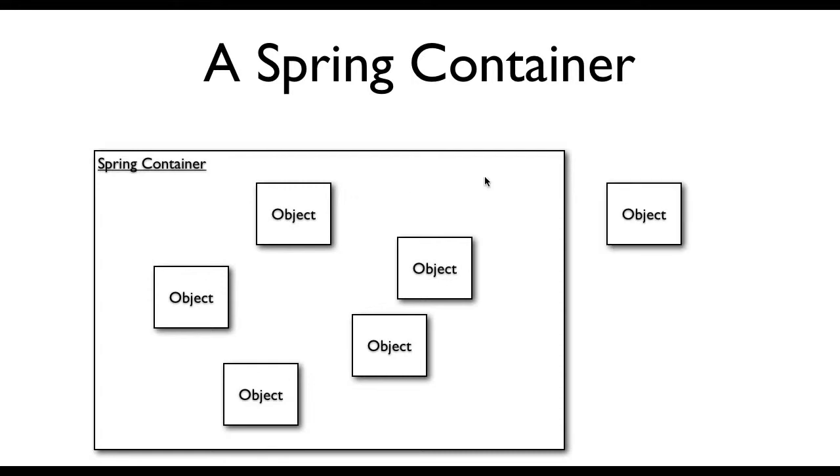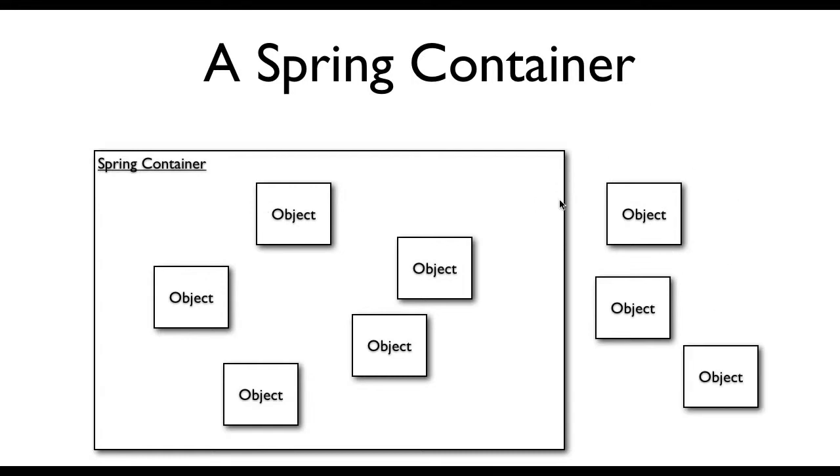You can of course have objects outside of the container as well in your application, but adding the objects inside the Spring container so that Spring manages the objects gives you a whole lot of advantages. Now, what are the advantages of having our objects inside the Spring container? We will have a look at that in the subsequent tutorials.